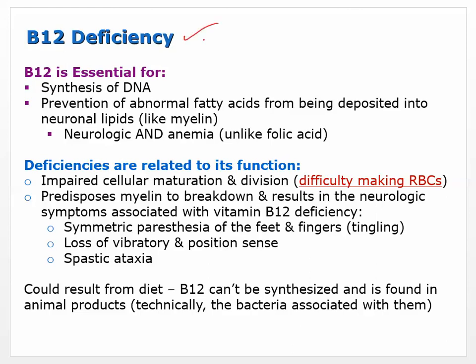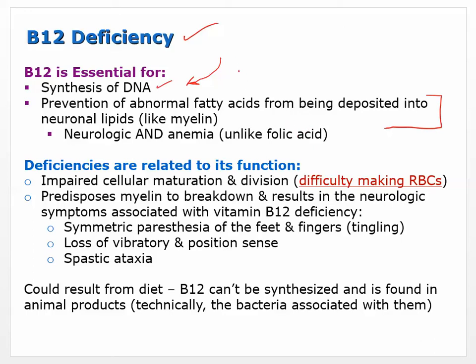Okay, so that was pernicious anemia. But overall, just to put it together, the reason we care about B12 is because it's important for the synthesis of DNA. Now, this is another important point here: it isn't just the synthesis of DNA, it also prevents abnormal fatty acids from being deposited into neuronal lipids like myelin.